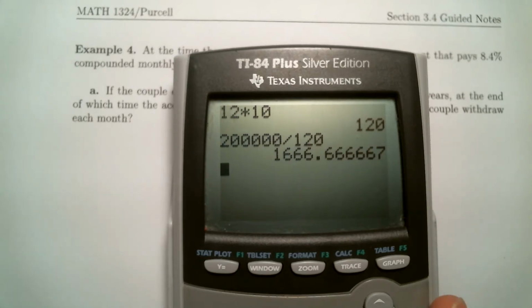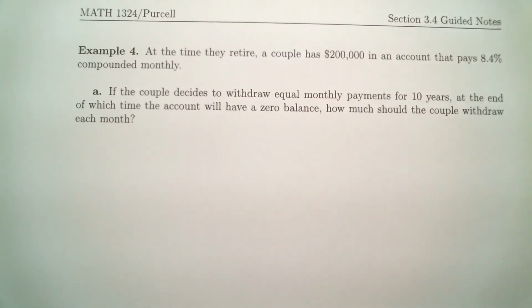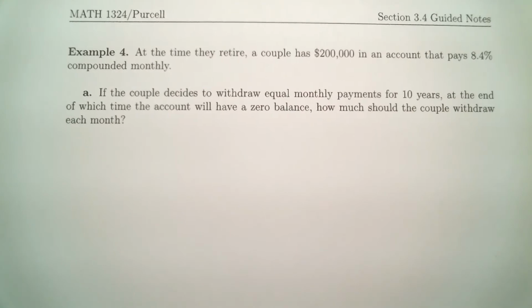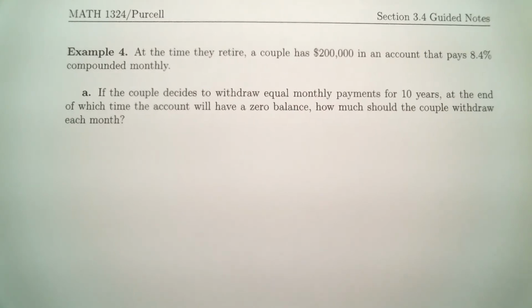Why? Because say it's time to receive the first payment. They've got $200,000 in the account, and we're trying to figure out how much they should withdraw each month. Whatever that amount is, they're going to receive a check for that amount, but there's still a huge amount of money in their retirement account, and that money is going to continue to earn interest.